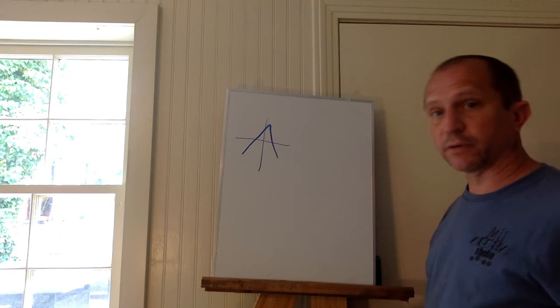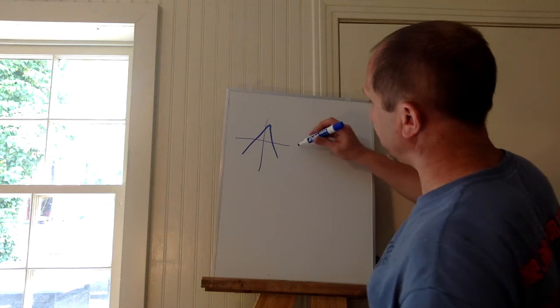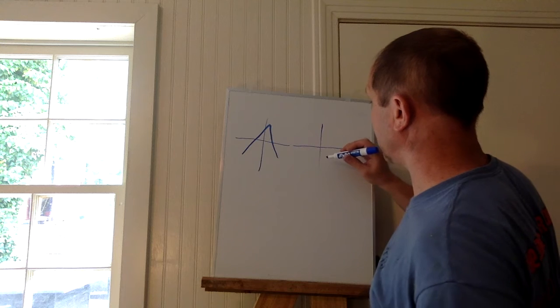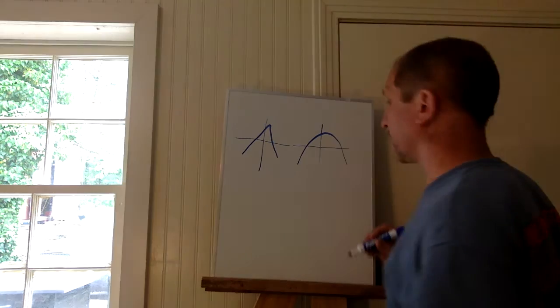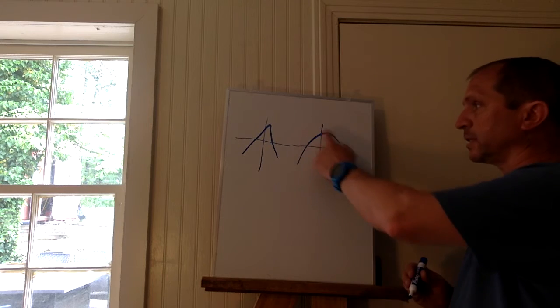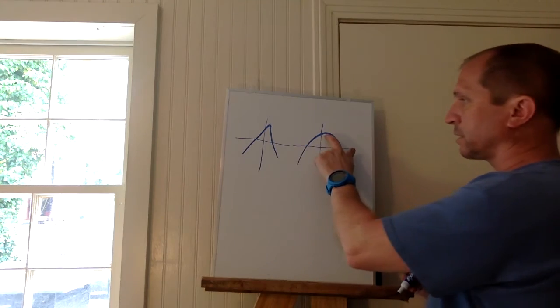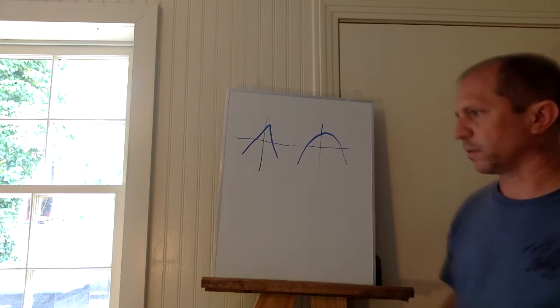In other words, the derivative does not exist there. A second way is to have a place where the slope is zero, like an upside down parabola. This changes from increasing to decreasing only where the slope is zero. So those things we kind of hit on a little bit earlier.